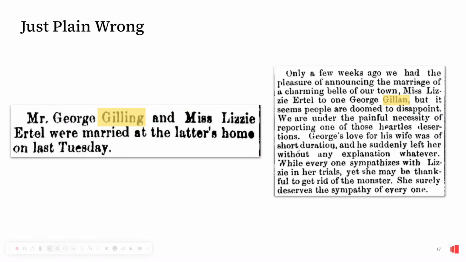His last name was actually Gilland. So this one's close here, but a D should be on the end of this, and this one is just way wrong. So this one is tough because it could just be plain spelled wrong, and a lot of times you have to find these by finding someone else in an article if you're lucky. So think about that when you are searching as well.